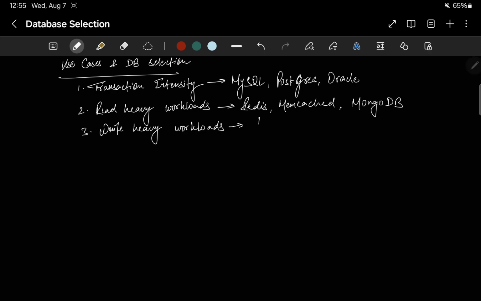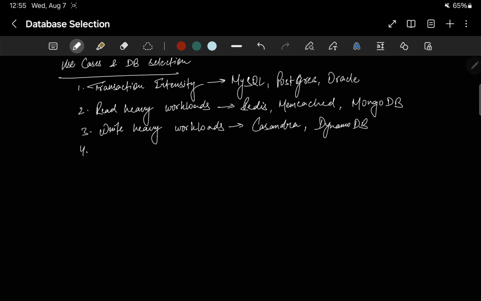Examples include Cassandra, okay, DynamoDB, etc. So you might be wondering what is this LSM tree that I am talking about. I'll talk about it in a later section of this video.